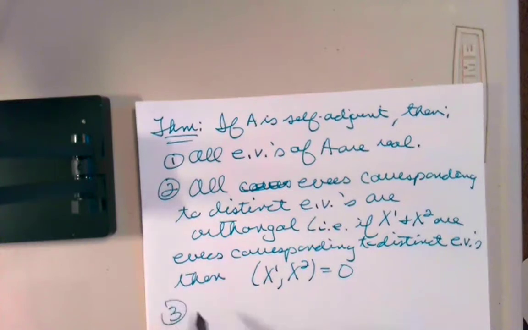3, there is, oh, geez, always with the pens, they don't last the whole lecture. Yeah, this one's empty. Hold on a second. So there always exist n linearly independent eigenvectors.